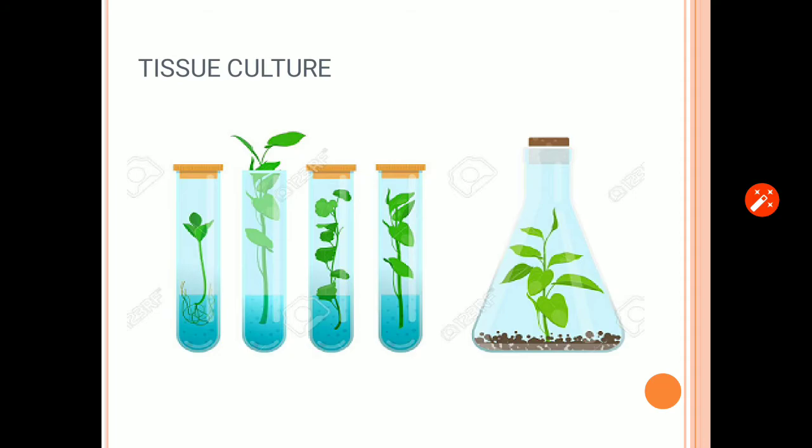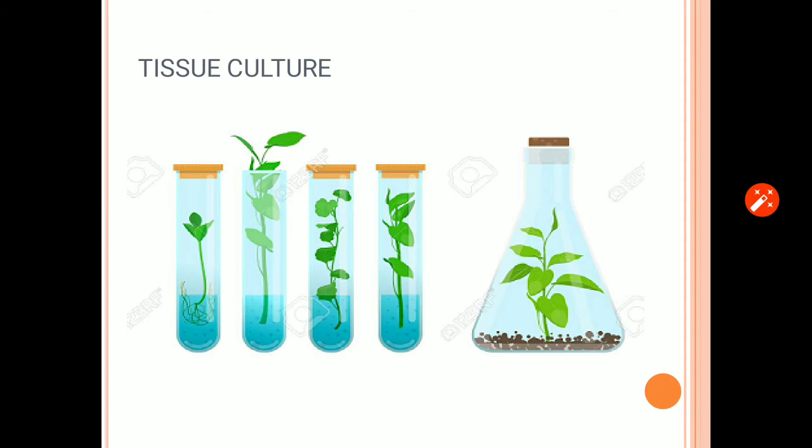Here, if there is a plant which is desired in all features, we take out a tissue or cell from it, and that part is termed the explant. EXPLANT is the spelling.